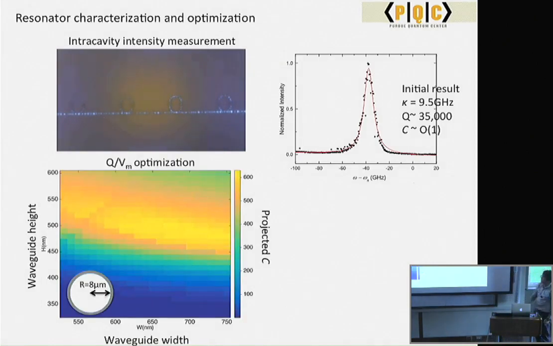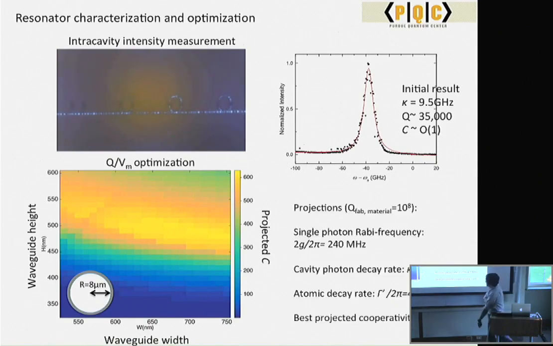So we considered all this bending loss, also considered a limit of actual fabrication loss, which we put at about 100 million, and then we ran the optimization again. Now we get a more realistic estimate and much better height and width, with a projected cooperativity parameter as high as 600, assuming that we can achieve fabrication losses with quality factor 100 million.